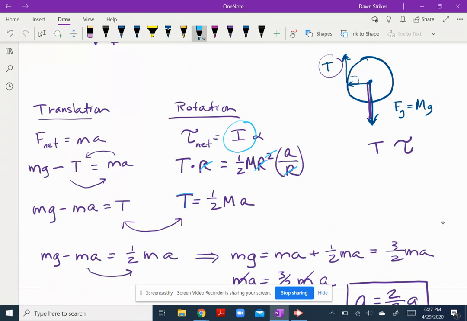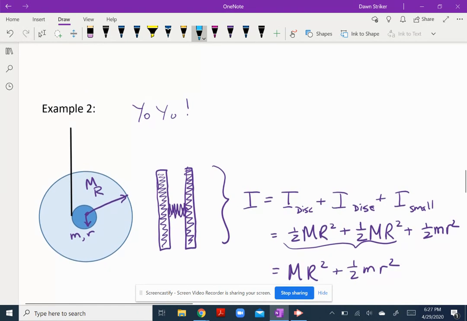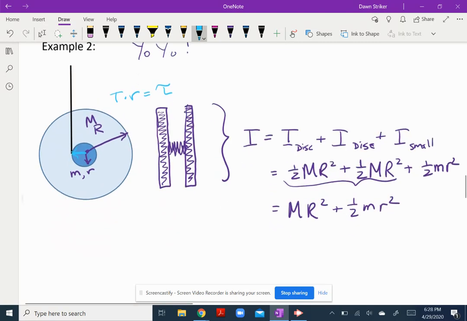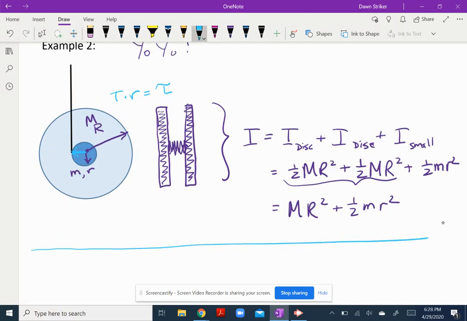And when you're working with torque for the yo-yo, the torque is applied to the small disc, and so you need to use T times little r is going to be equal to the torque. All right, so it's a little more complicated, but certainly doable. So please do look this up online and make sure that you can see how to solve a yo-yo problem. I know you all can do it.